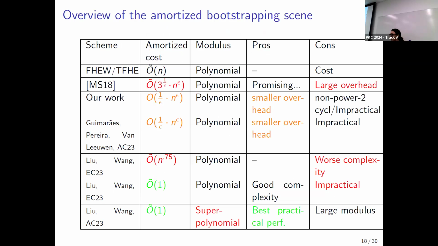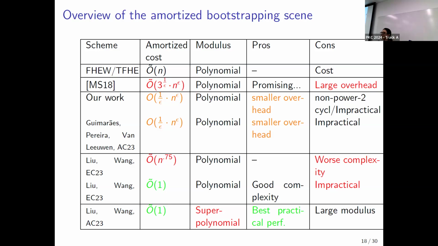Now, one thing that I wanted to mention to conclude this talk was the scene that we have for amortized bootstrapping nowadays, because especially last year, we had quite a few very interesting papers that came out slowly improving the state of the art for amortized bootstrapping. So starting with our work at the very beginning of last year, which was concurrent to another work from Guimarães, Carrera, and Van Leuven, where they output an algorithm which uses very similar techniques to ours.